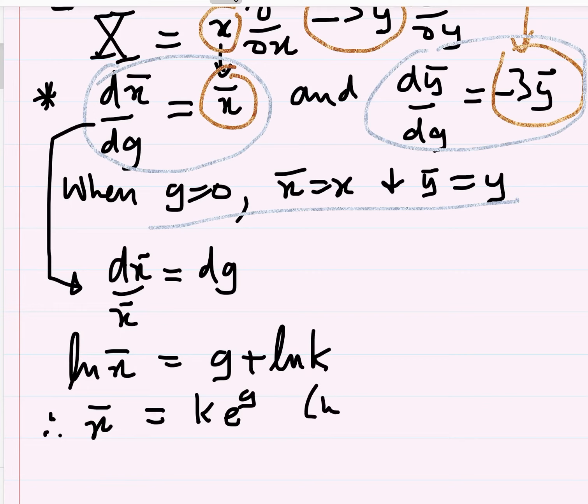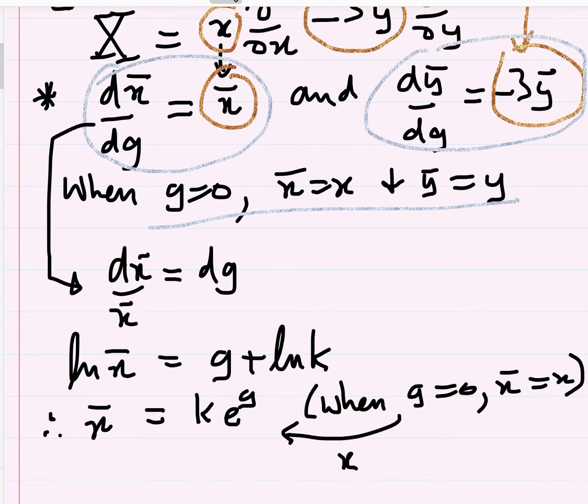Now, when g equals 0, x bar equals x, y bar equals y. We don't need the y bar in this case. Okay, so impose this condition in there. When you put g equal to 0, the x bar becomes x.